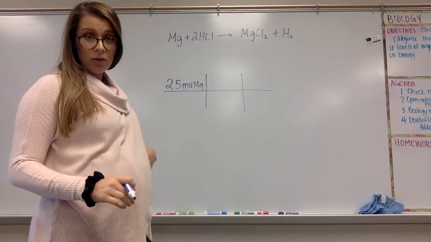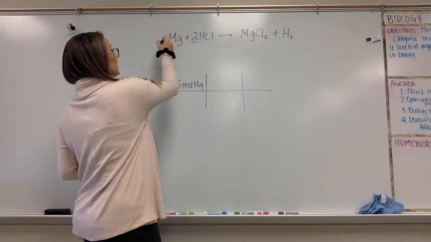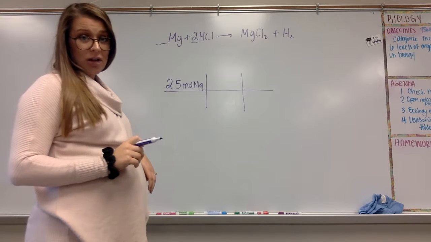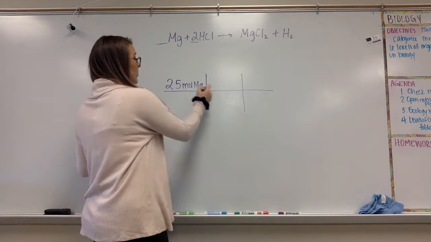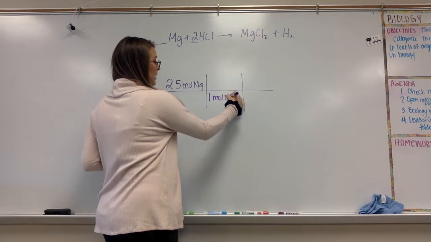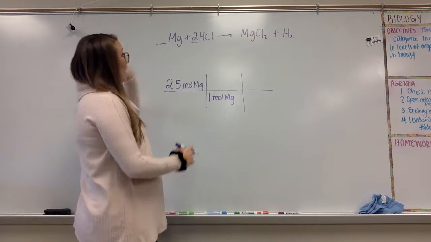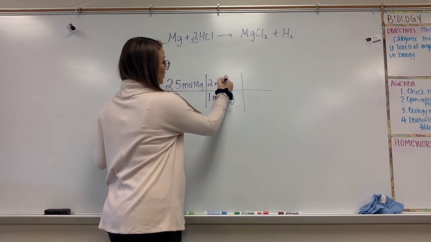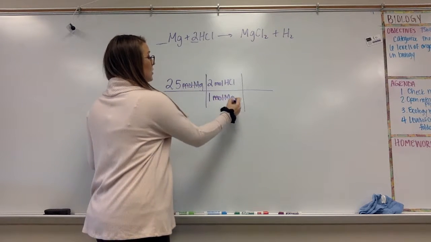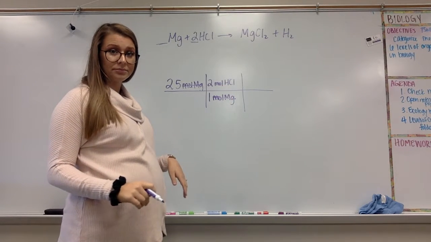So if we're using mole ratio, we're going to use these ratios in the front. Since we're working with magnesium and HCl, those are the two substances that you're going to talk about. We want to cancel magnesium moles down here. So we're going to put our 1 mole of magnesium on the bottom, and that comes from this imaginary 1 right here. And then our 2 moles of HCl on top. And that takes us from moles of magnesium to moles of hydrochloric acid in this step.